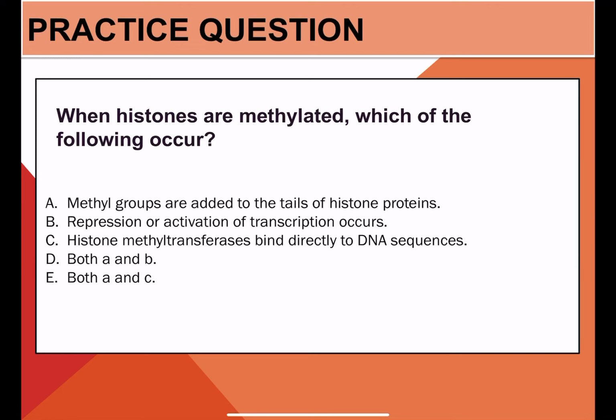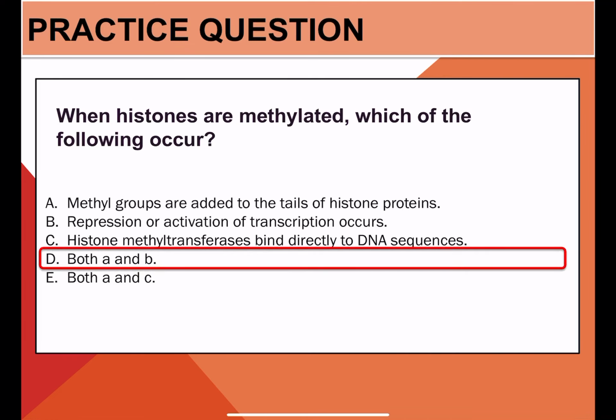When histones are methylated, which of the following occur? Both A and B occur. Remember, when histones are methylated, methyl groups, which are CH3 groups, are added, and repression or activation can happen. It depends on the case. It's a case-by-case basis whether histone methylation leads to activation or repression.